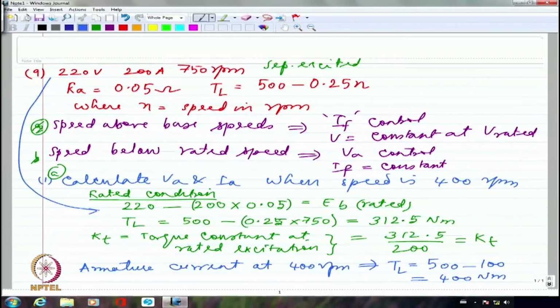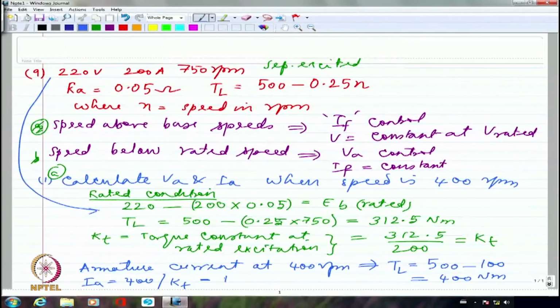If 400 Newton meter is the torque, I should be able to calculate the armature current by using the torque constant. So IA will be 400 divided by whatever is my KT. That should give me the current.